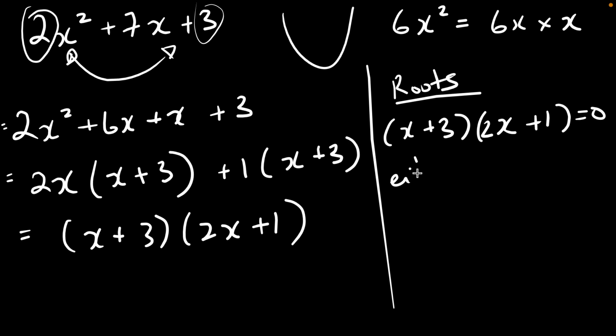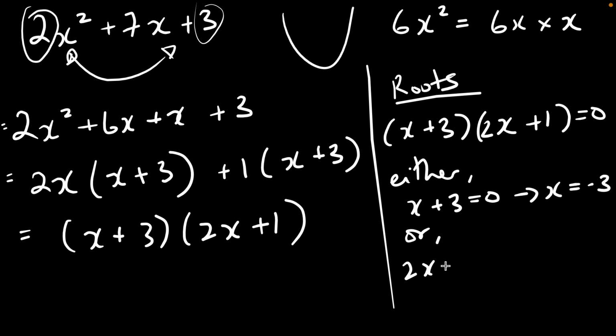That is either where x plus 3 equals 0, which implies that x is equal to negative 3, or 2x plus 1 equals 0, which implies that 2x is equal to negative 1, which means that x is equal to negative half. So those are my roots, right?